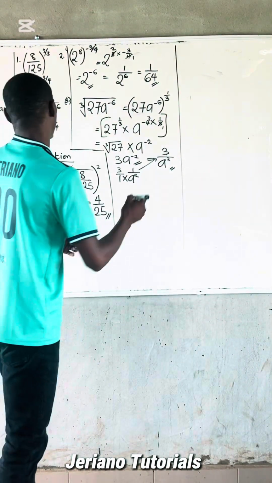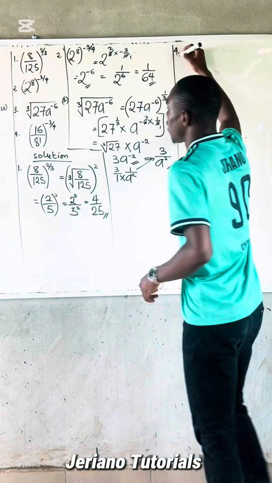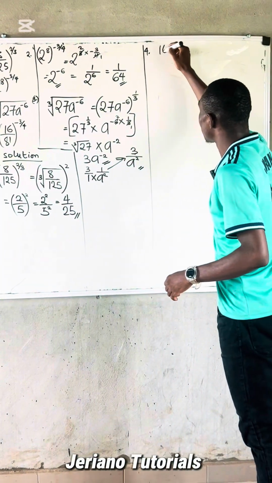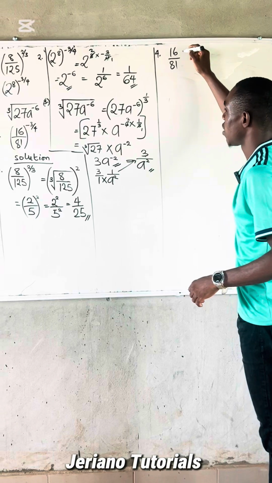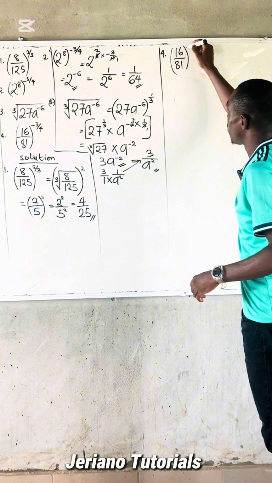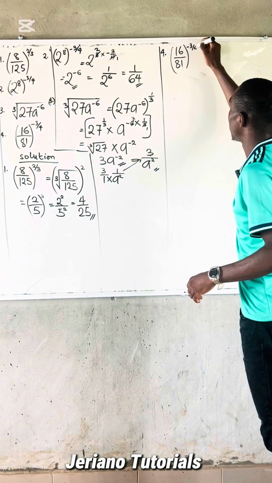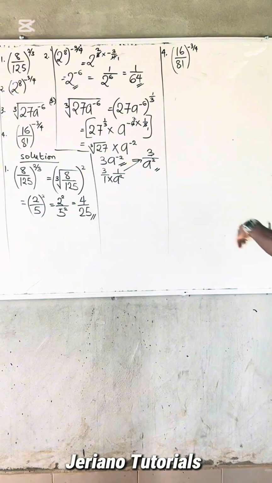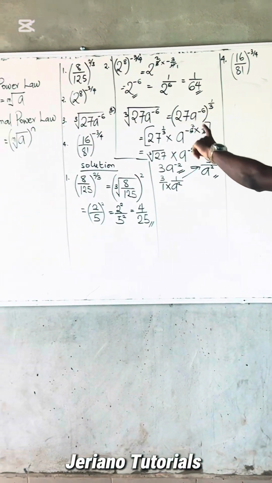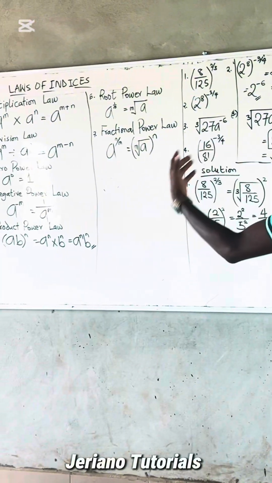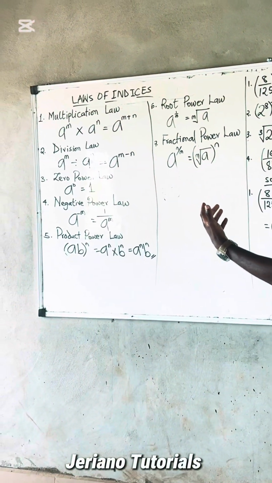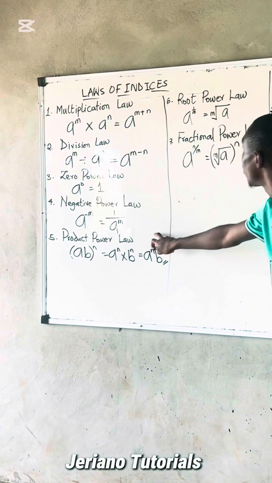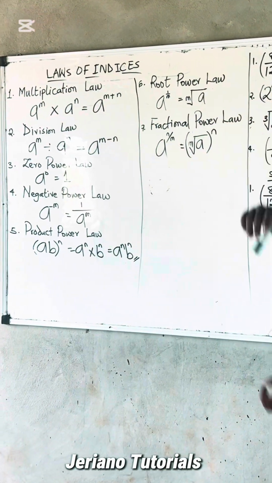Okay, the fourth one, we are having 16 over 81 raised to the power of minus 3 over 4. Now, from the first, second, third, I've touched patterns of negative power law, product power law, root power law, fractional power law.